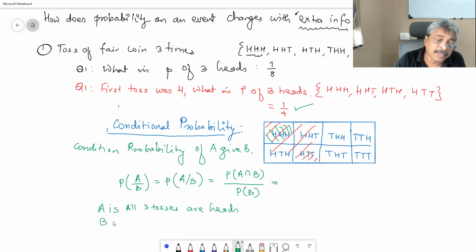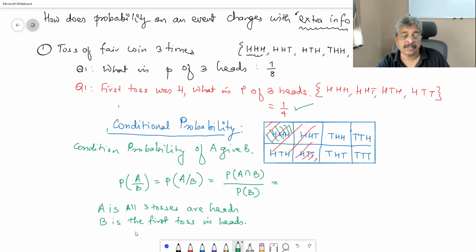And event B is the first toss is heads. So what is the probability of event B? First toss is heads, so it is 1/2.